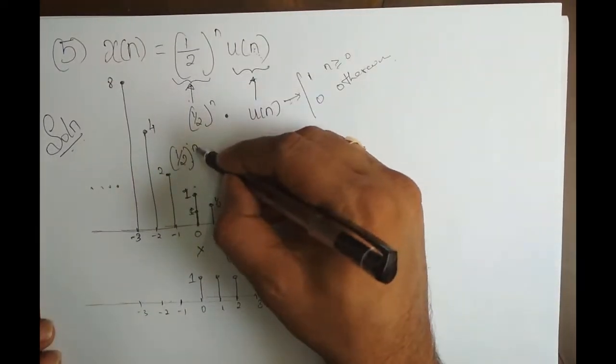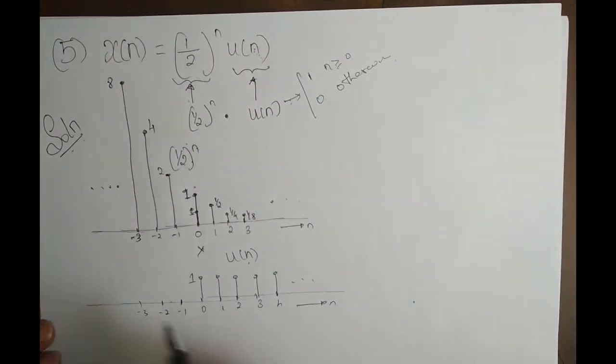Now 1 by 2 power n gets multiplied with u of n. Now what happens at the negative part of n? It is 0 for n varying from minus infinity to minus 1, and multiplied with any signal, I end up with 0, right?